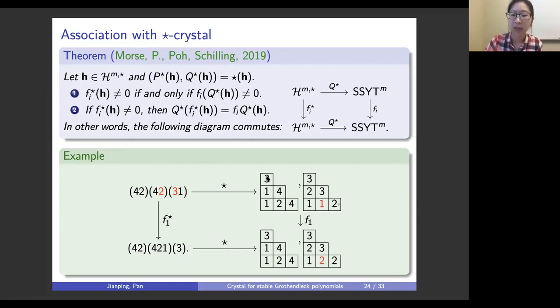One is that the insertion tableau is invariant under the crystal operator on the left. And the second is that the crystal on the semi-standard recording tableau intertwines with the crystal on the decreasing factorization via our insertion. So basically it says that this crystal structure can be explained by this insertion algorithm with crystal structure on the recording tableau.